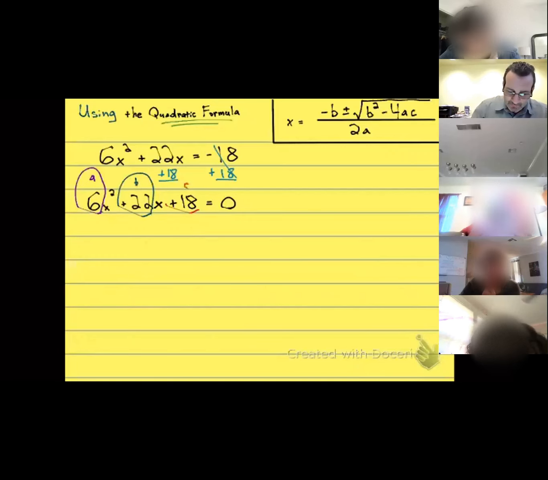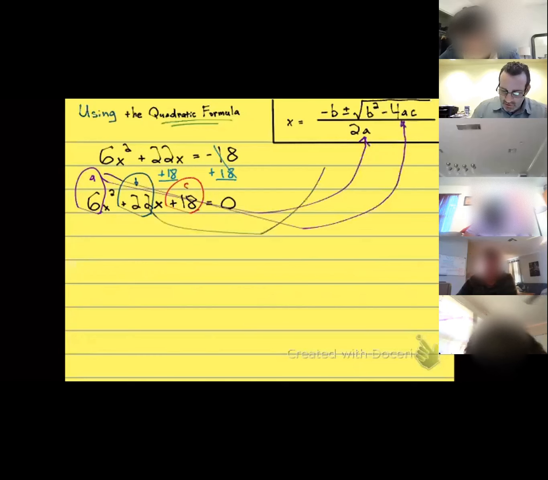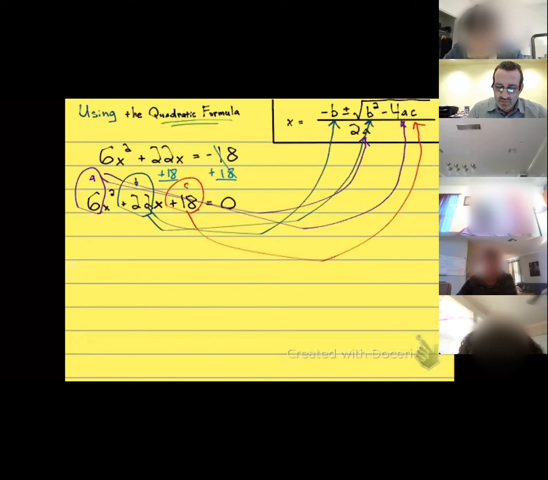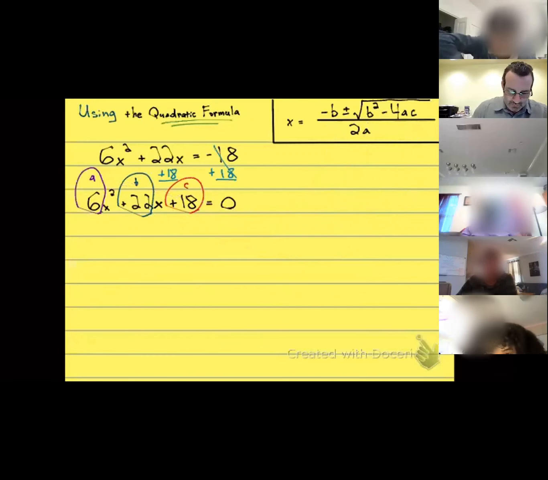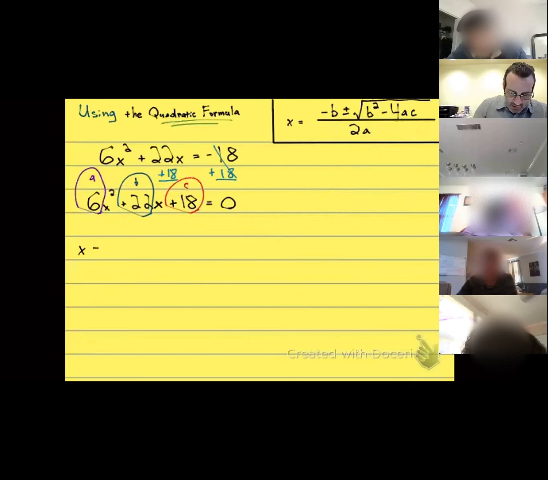And I'm really just going to take them and plug them in. I'll plug in my A here, and I'll plug in my A here. I'll plug in my B here, and I'll plug in my B here. And then I'll plug in my C right there. Now, what do I always use when I go to plug in? Parentheses. That's right.